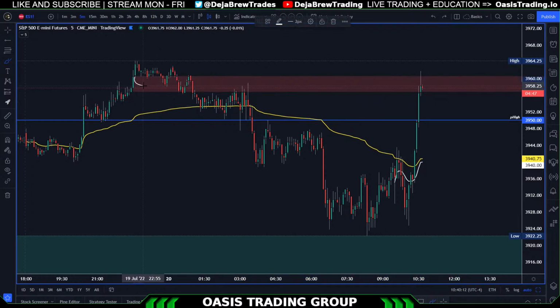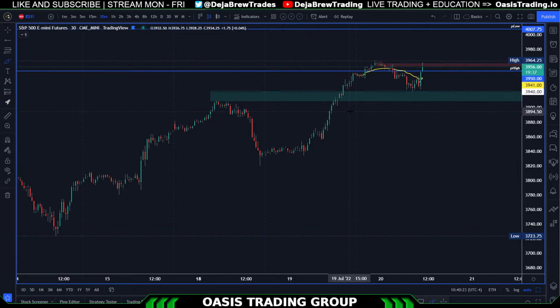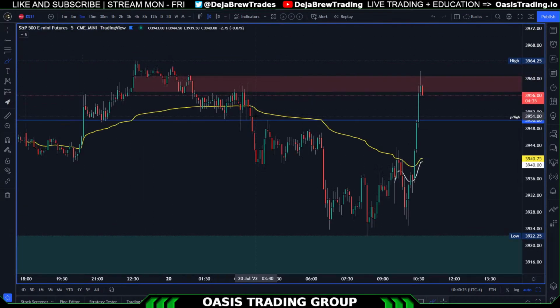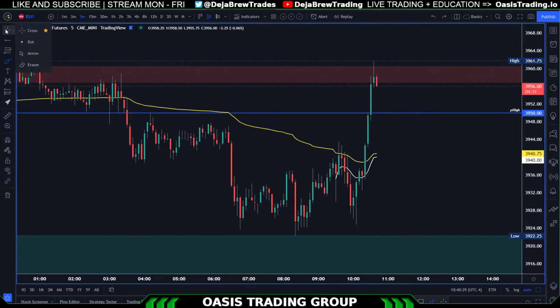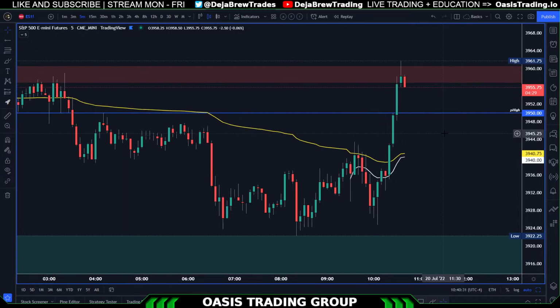You can see how it was acting as support and then flipped to resistance as well. Typically, we like to find these zones on the 30-minute and then trade them on the 5-minute. But little 5-minute zone there reacting to price. Little top candle, inverted hammer.